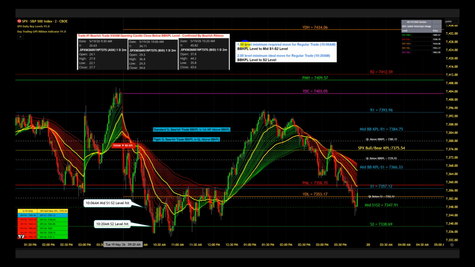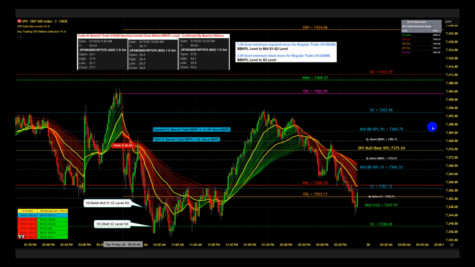The reason why there's a difference between these two is the 2 level minimum ideal move is called the minimum ideal move because in 80 to 85% of the sessions that you will see in a normal year in a normal trading environment, in a normal volatility environment with SPX, a 2 level extension away, up and down from the bull bear KPL, is going to be the range.